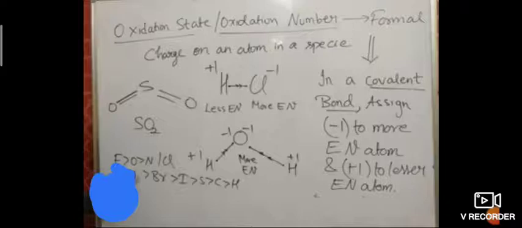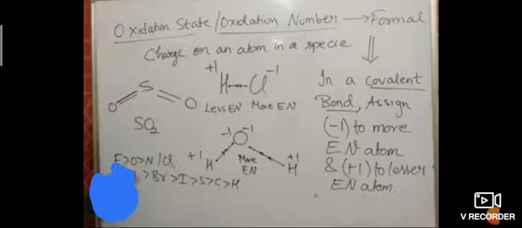Look at this example of sulfur dioxide, SO2. Sulfur is there, 2 oxygens are there. Oxygen has 2 electrons towards sulfur. Sulfur is less electronegative than oxygen.